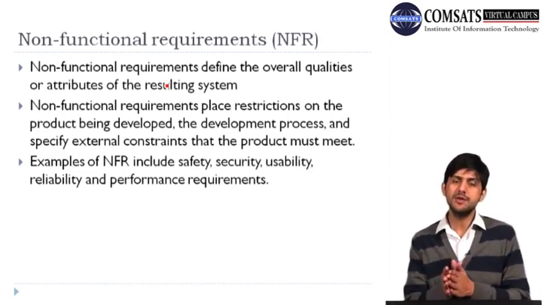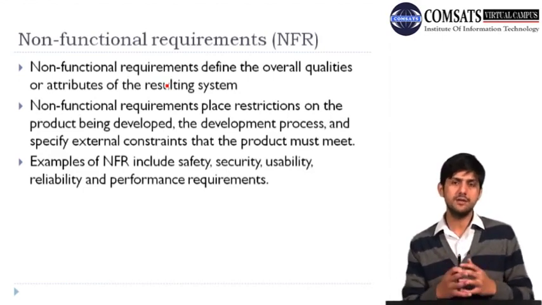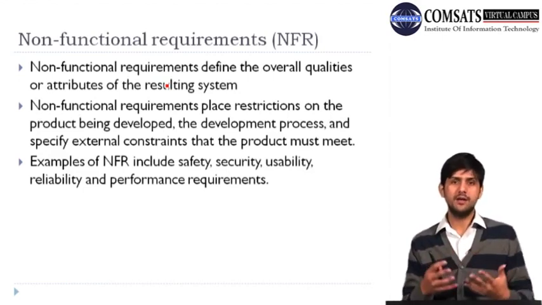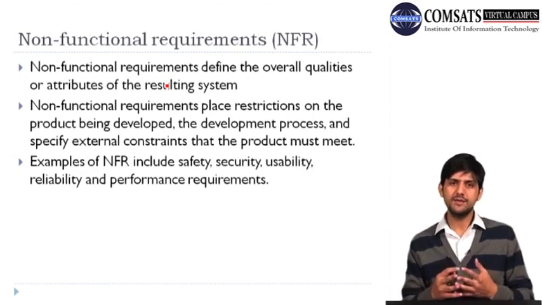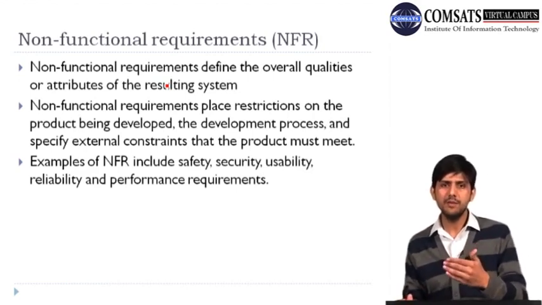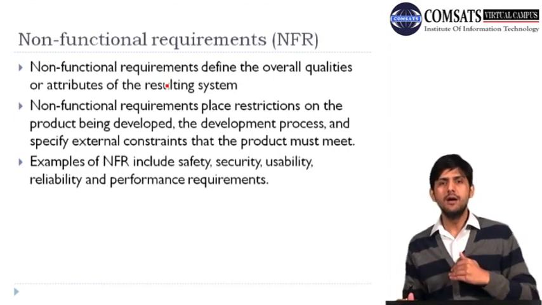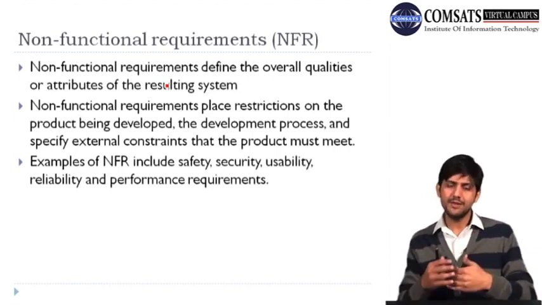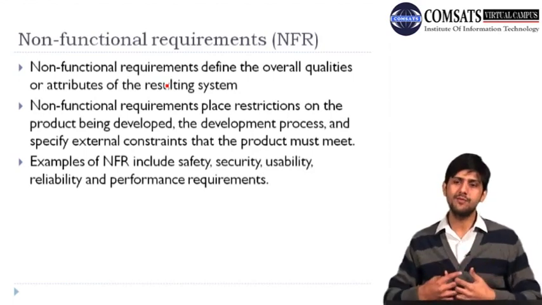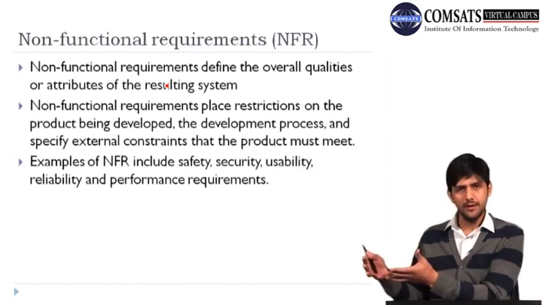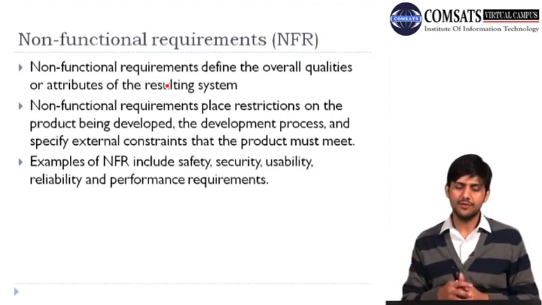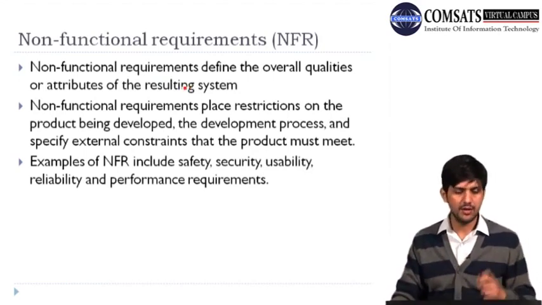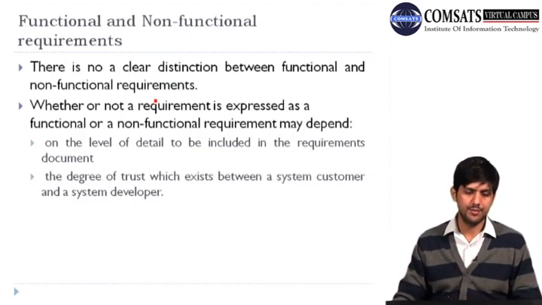We say the system should respond to this particular user interaction in 2 seconds or 3 seconds or 4 seconds. So this is a performance requirement. We are putting a constraint on the functionality of the product, but it is a performance requirement, because we are expecting our system to be that good. All these are examples of non-functional requirements: safety, security, usability, reliability, and performance requirements.